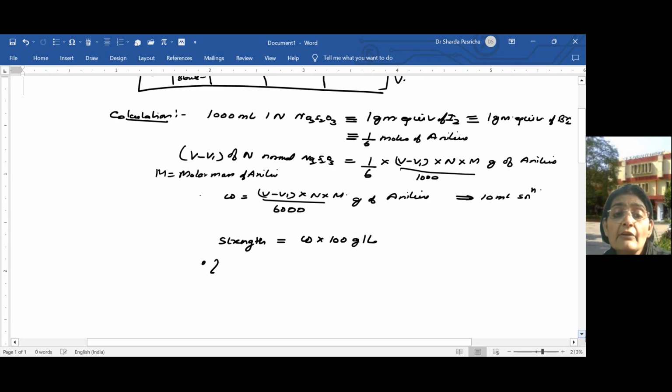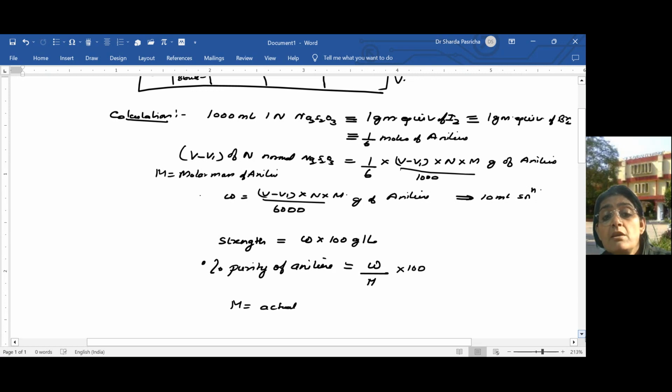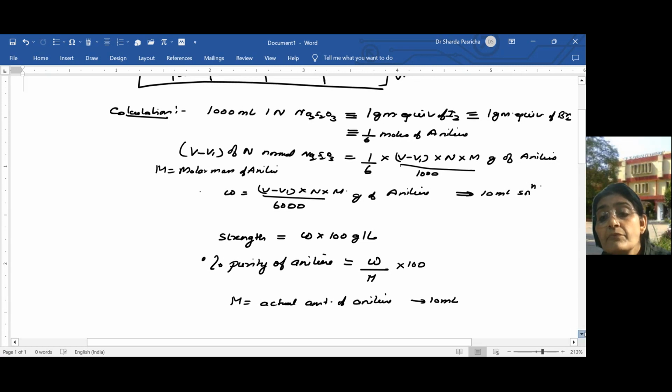You could also calculate the percentage purity of the given aniline solution, how pure your sample is. If you divide this W by M and multiply by 100, what is M? M is the actual amount of aniline that you dissolved in 10 ml. How will you calculate this M?